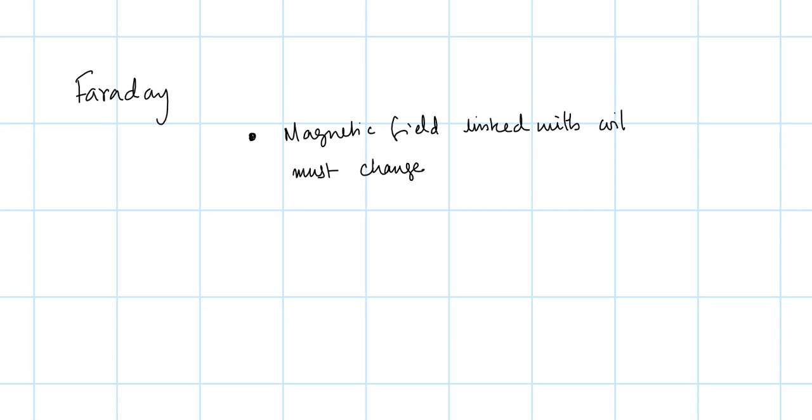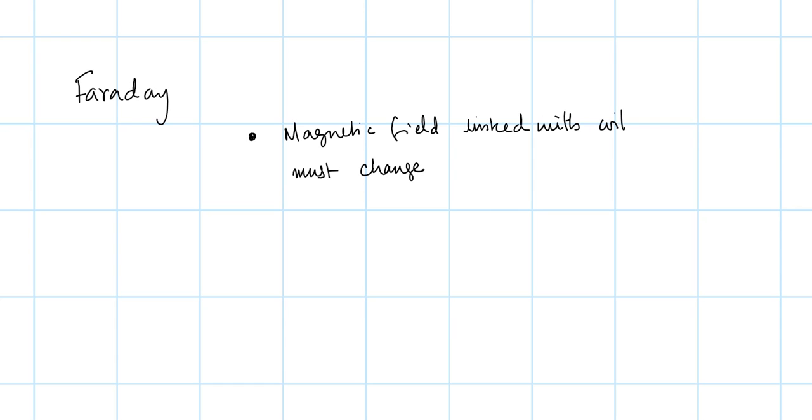They noted that the EMF induced within a coil does not remain there forever, but reduces to zero as soon as there is no change in magnetic field, which means if you are moving a coil in front of a bar magnet, and once you stopped it somewhere, there is no relative motion happening and thus no change in magnetic field through the coil, immediately the induced EMF goes to zero. So there must always be a change happening.